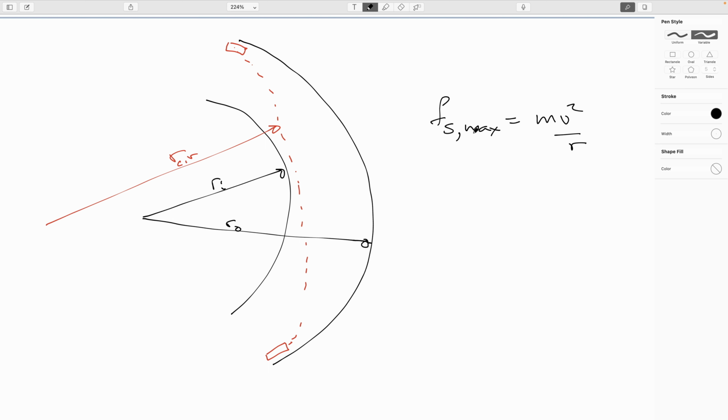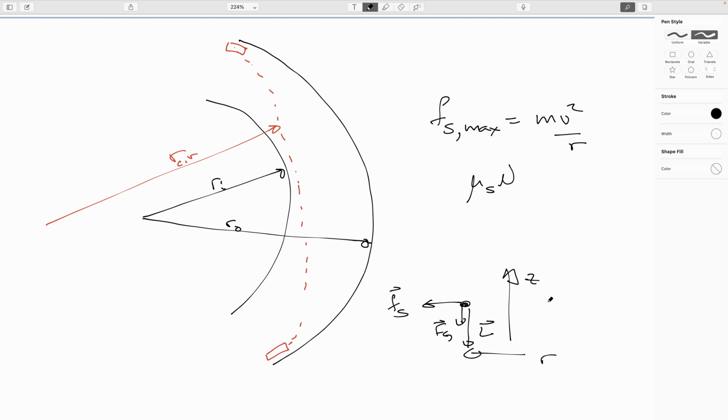Now, there's not much the driver can do about changing Fs max here, because this is mu static times the normal force. If we go ahead and draw a free body diagram here, this is the z direction and this is the r direction. The free body diagram for the car is going to look like this, where you have the force of static friction pointing in, the force of gravity down on the car, and what's called the down force, which is actually a lift force.